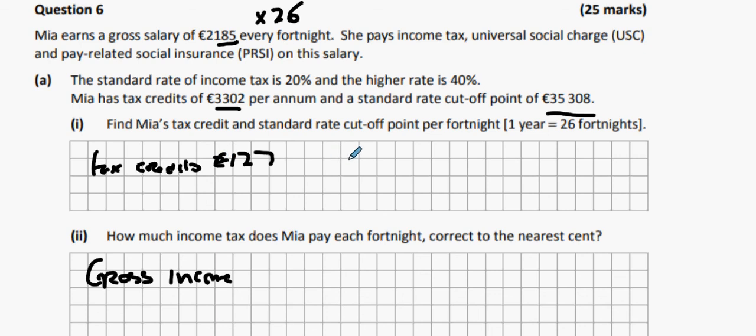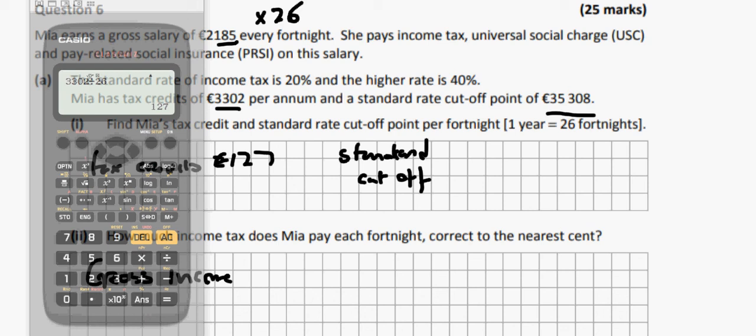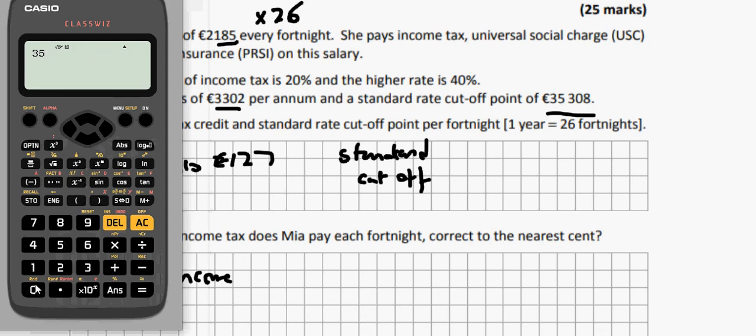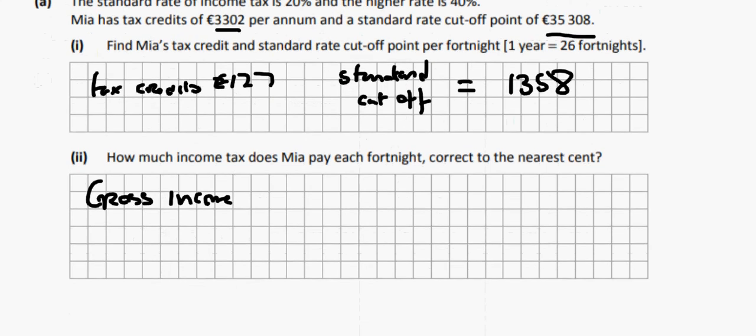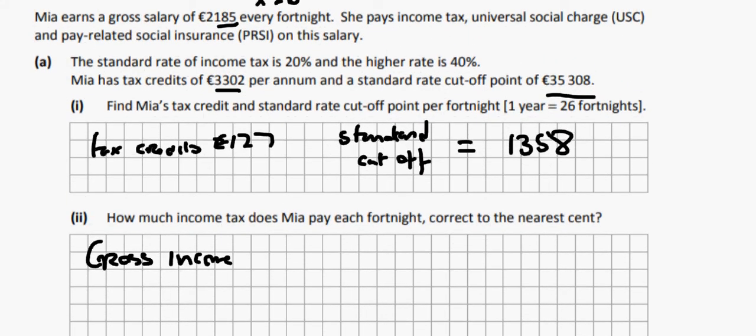And what is the cutoff? What's it? 35,308 divided by 26, what do you say? 1,358. Okay, now we can go into our routine. We're just after tax, aren't we? So gross income is 2,185.